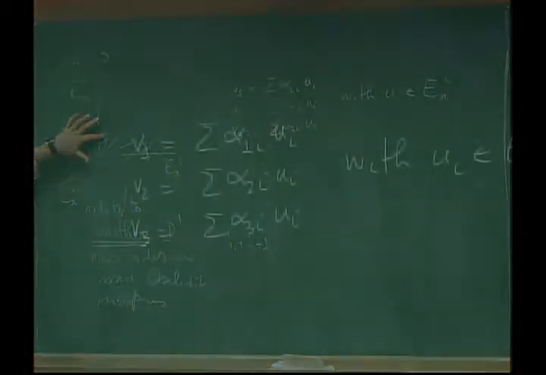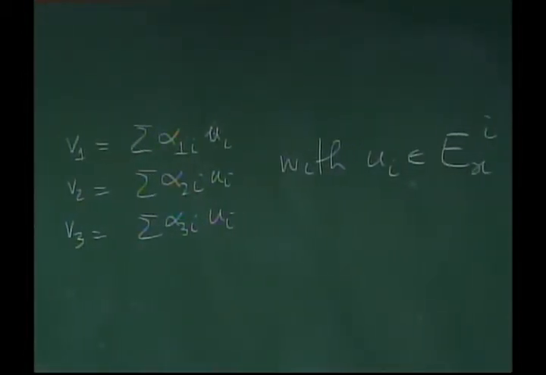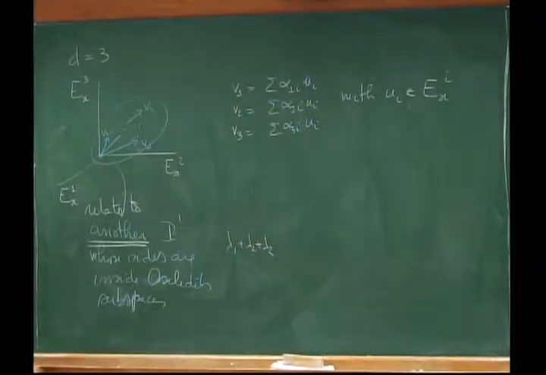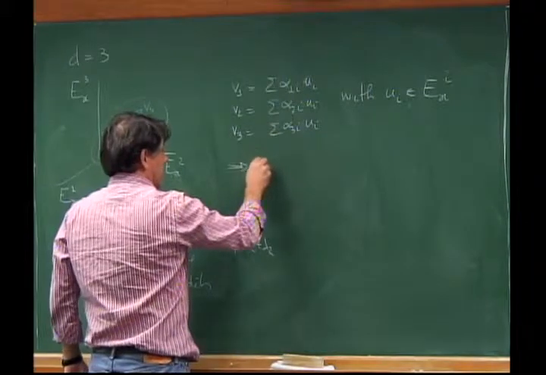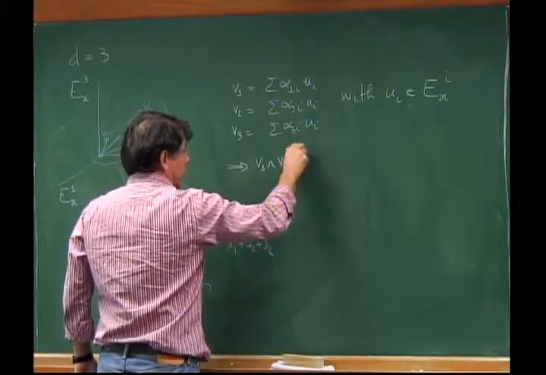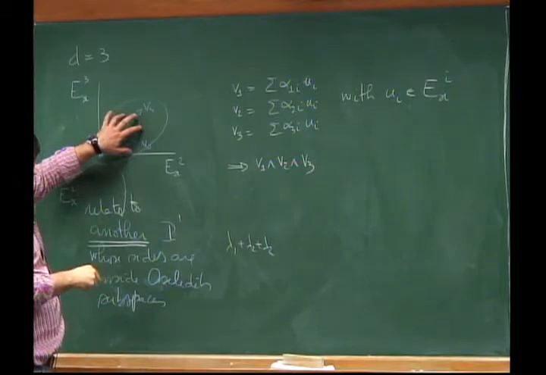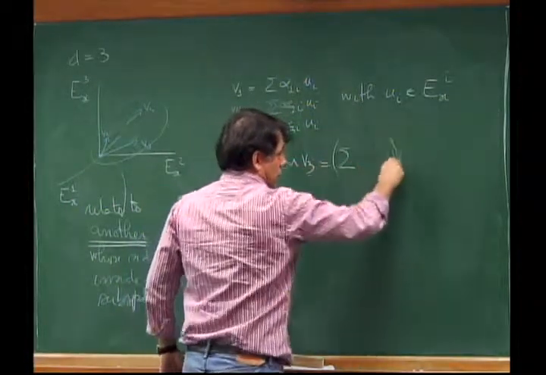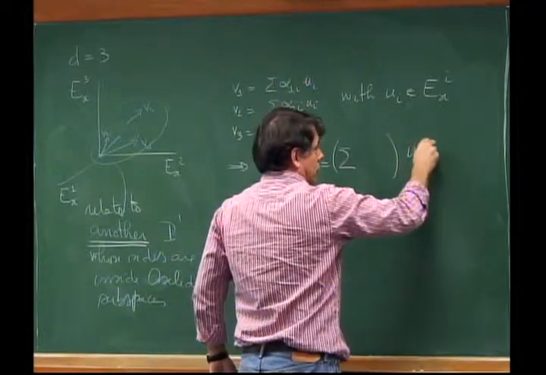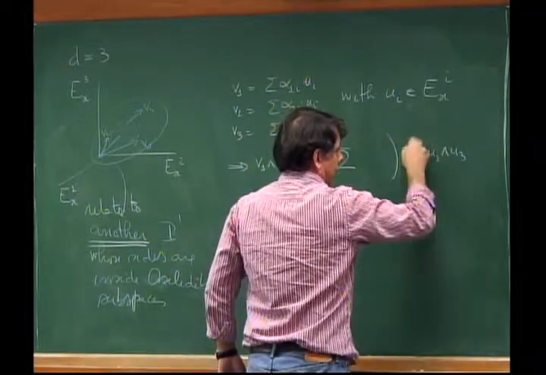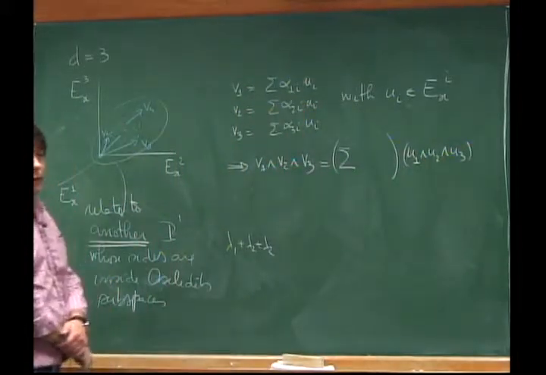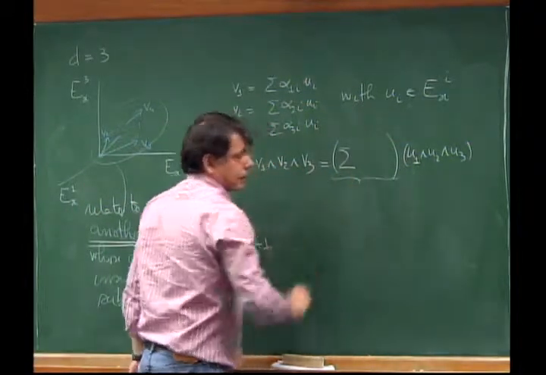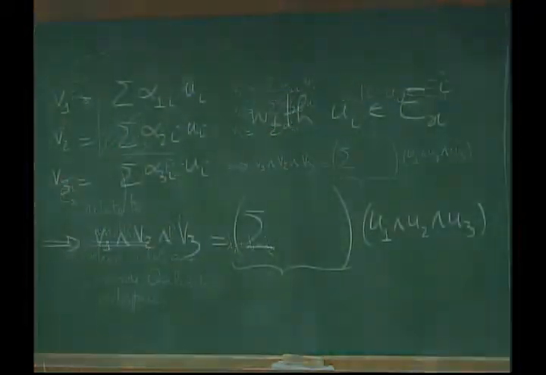Each of these vectors may be written as a linear combination of vectors in E1, E2, E3. Then v1, v2, v3, my parallelogram, is a sum of u1, u2, u3, just using linearity, with certain coefficients that we can calculate. Just do the calculation.